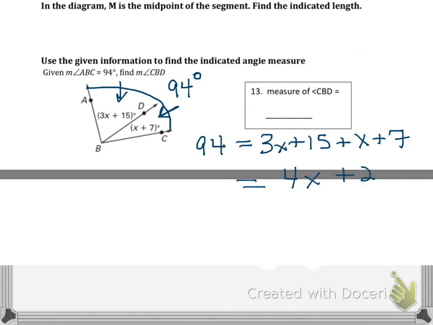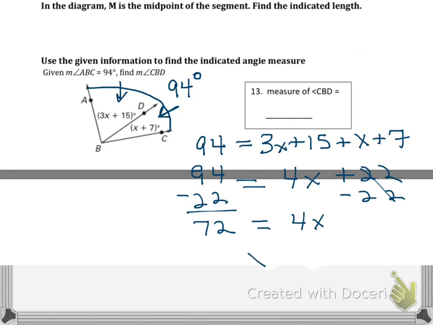So plus 22. So now I have a two-step problem. Subtract 22, subtract 22, and I'm getting 72. So I have 4x equals 72, and that means that x must be what? 18? So x equals 18.